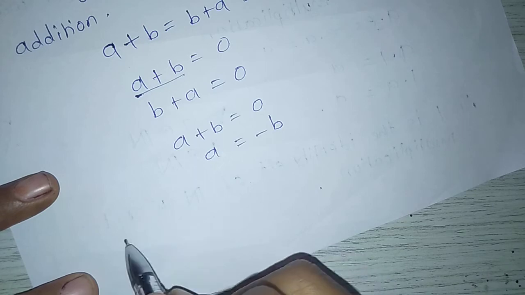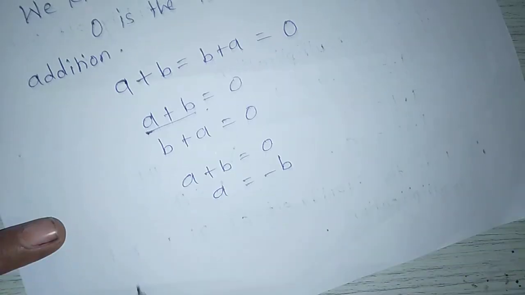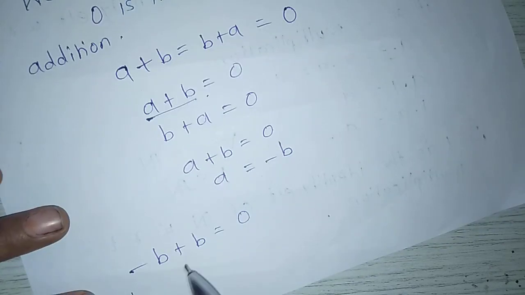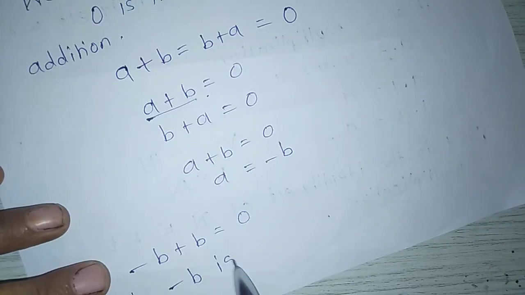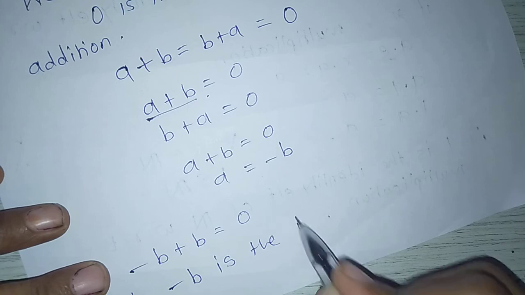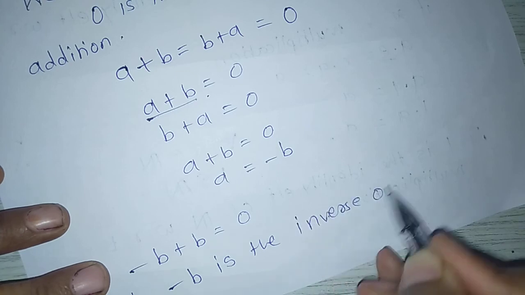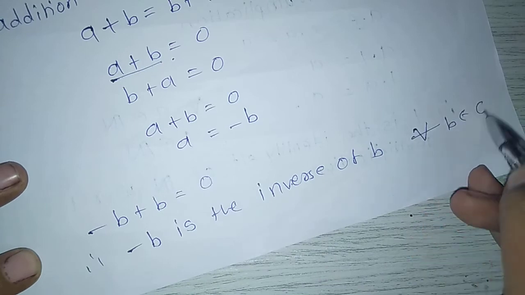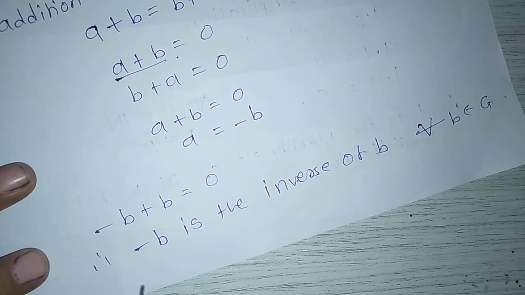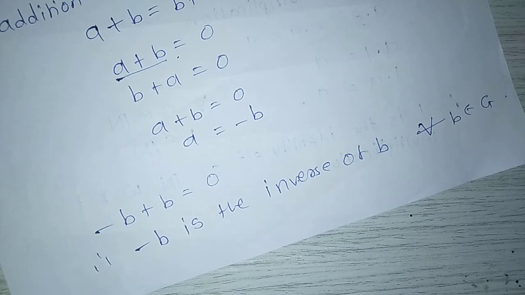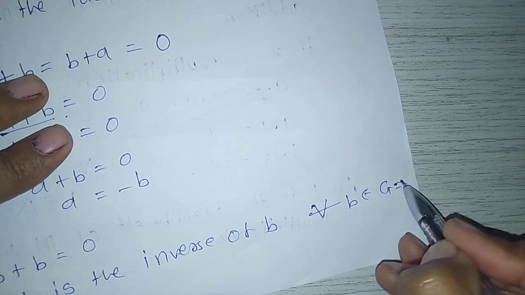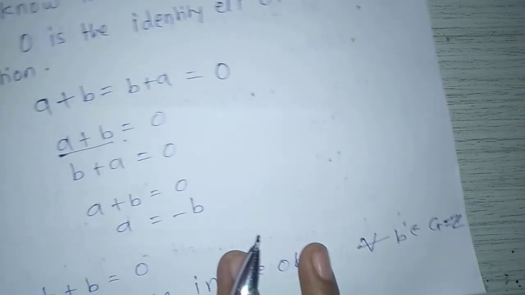So the equation becomes minus b plus b equal to 0. Therefore, minus b is the inverse of b for all b belongs to Z, where G is the set of integers.